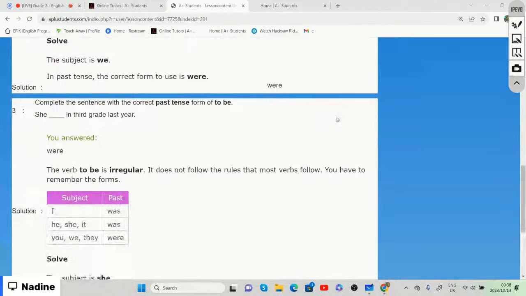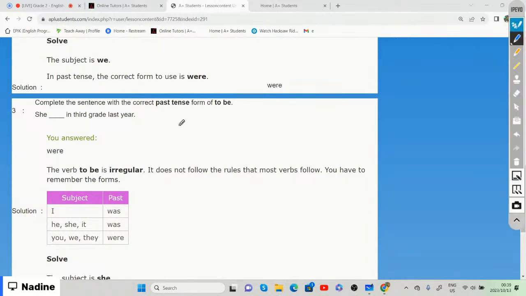And then once again, we need to complete the sentence with the correct past tense form of to be. She. Do we say she was in third grade last year? Or do we say she were in third grade last year?